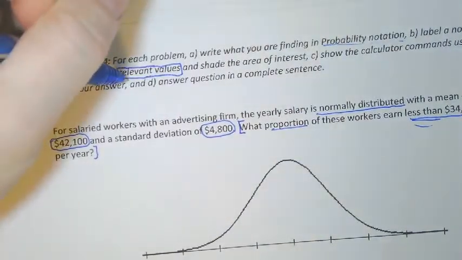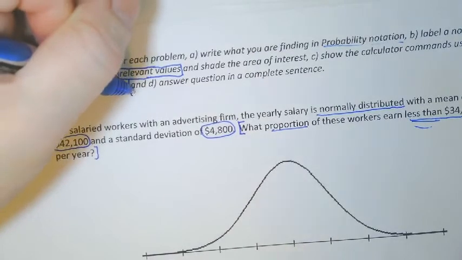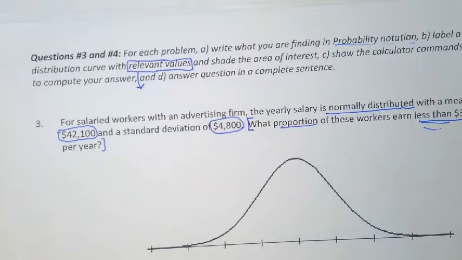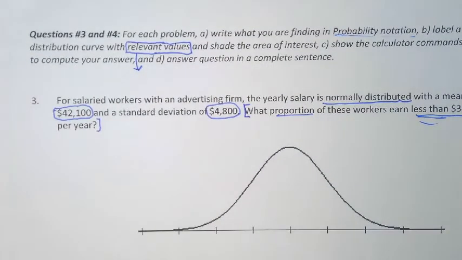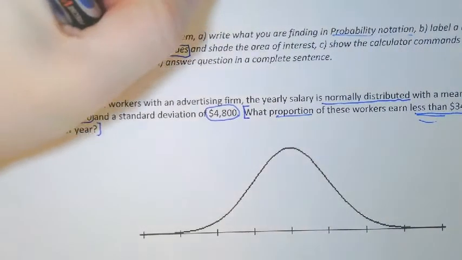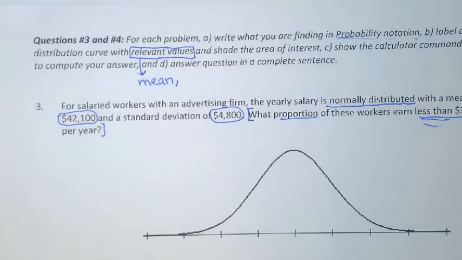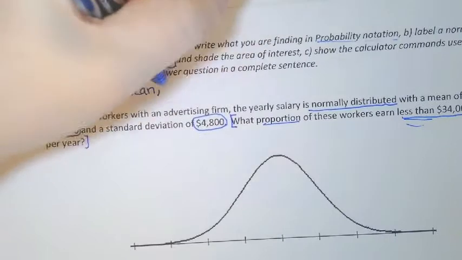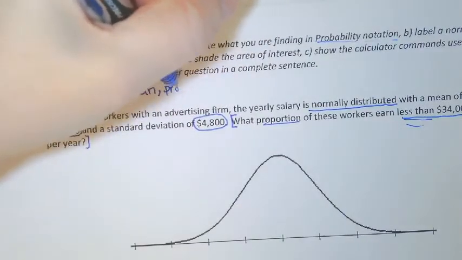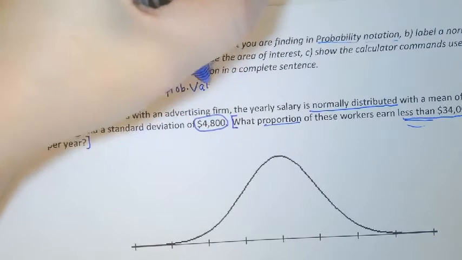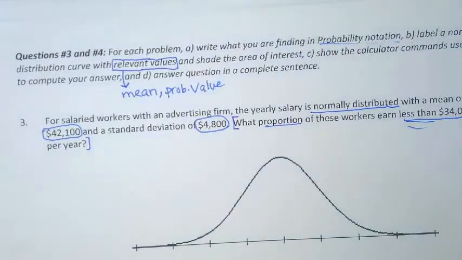How many standard deviations you want to label is up to you. But at a minimum for the relevant values, you need to label the mean and the value you're finding the probability for. So in this case, that would be the $34,000.